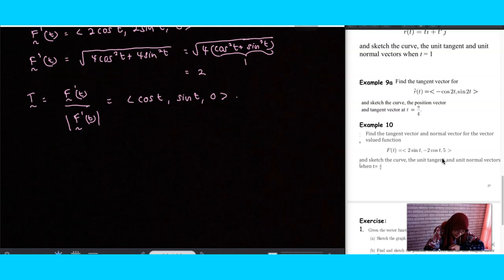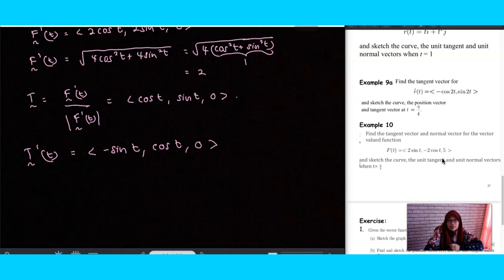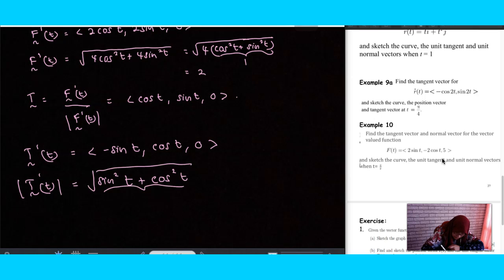And now we work on N. In order to do that, you have to differentiate your T: minus sin t, cos t, 0. Okay, and then find its magnitude. So sin square t plus cos square t, and this one from the identity of trigo, then we got 1.